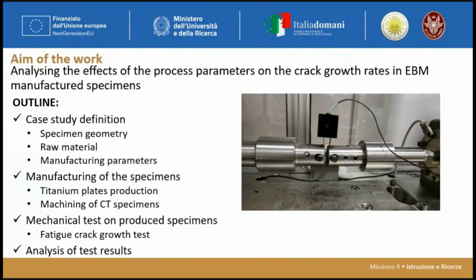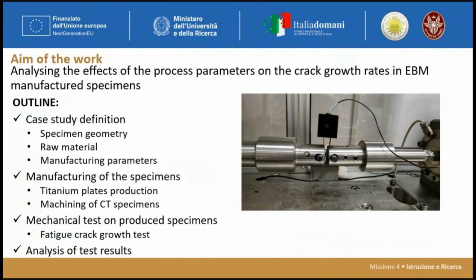Here we have the outline of this presentation. First of all, I present the specimen that we have adopted: the geometry, the raw material, the powder that we have used, and the manufacturing parameters. That is the core of this project.